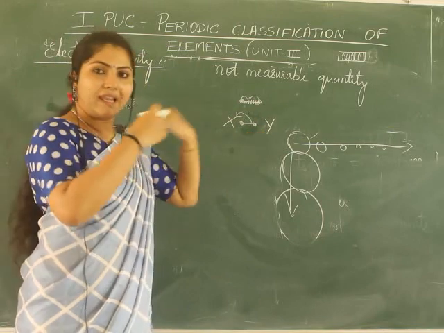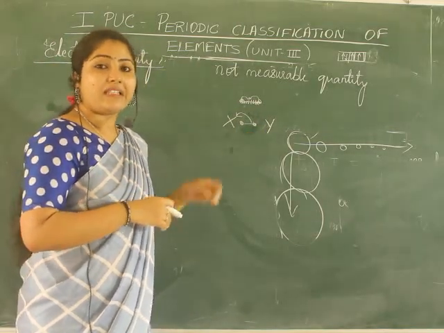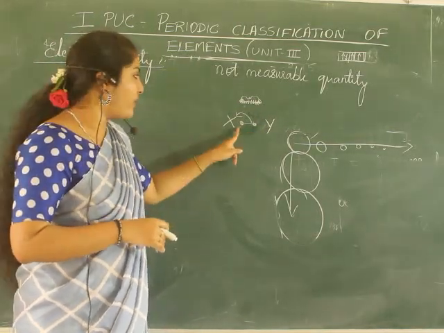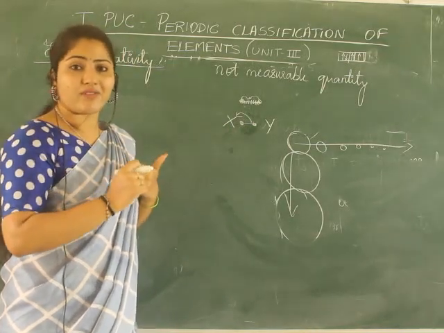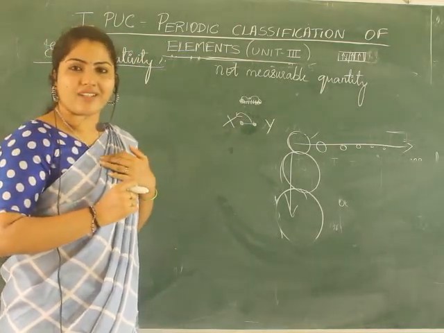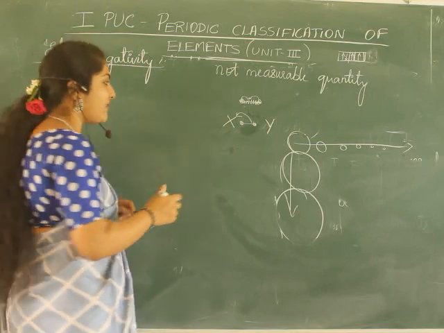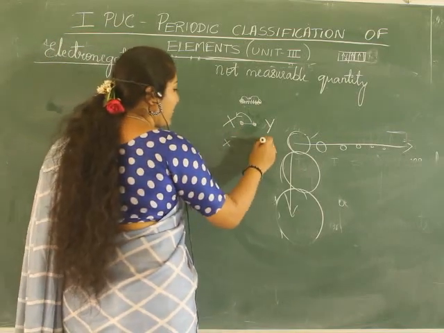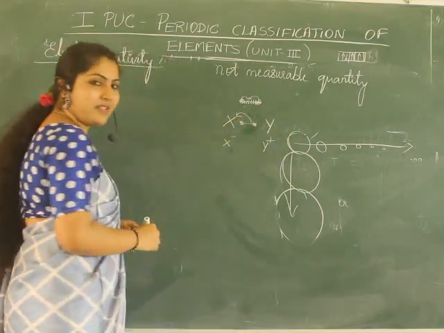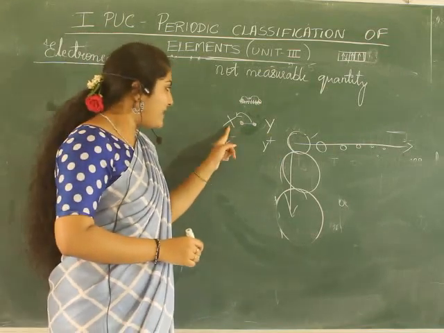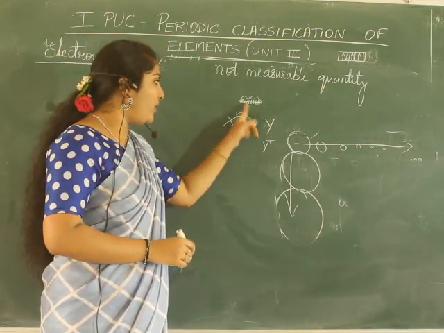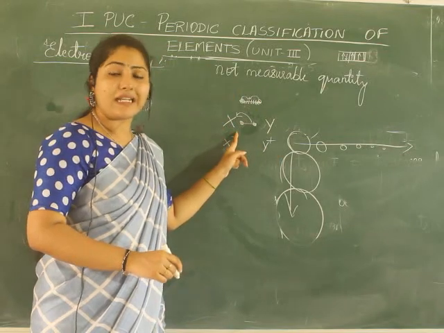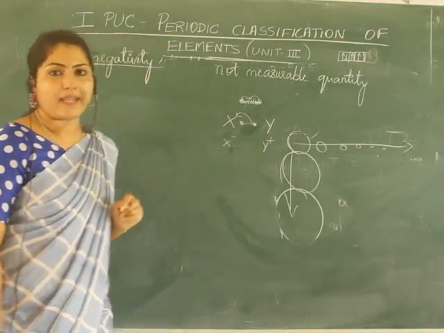It will pull both the electrons towards itself. Now if it pulls all the electrons towards itself, what happens to it? Does it become negative or positive? It becomes negative. So X will become negative, Y will become positive, isn't it? The tendency of an atom to pull the shared pair of electrons towards itself is called electronegativity.